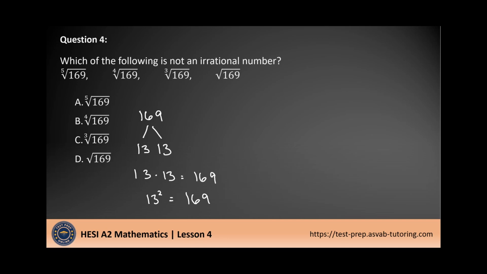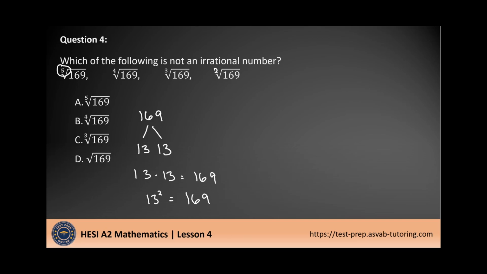All right, so remember when we're dealing with roots, the number outside of the radical tells us how many of the same number we need to be able to take that number outside of the root. So for example, if we look at this first one, the fifth root, we would need 5 of the same numbers.